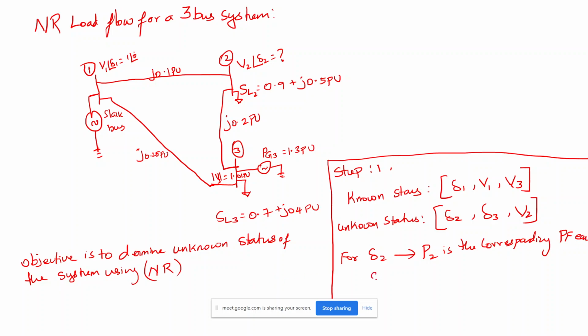For del 3, P3 is the corresponding PF equation, and for V2, Q2 is the corresponding PF equation.